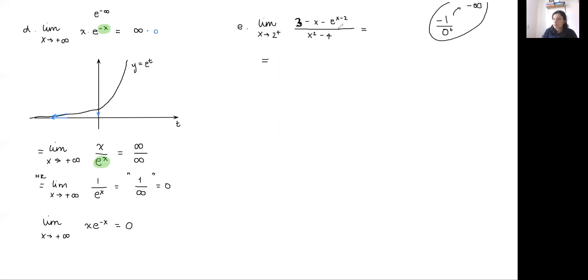Now I'm going to solve this problem because this is the one that actually needs L'Hopital's rule. What I'm going to get is 3 minus 2 minus e to the power of 0, which is equal to 0, and then this divided by 4 minus 4.